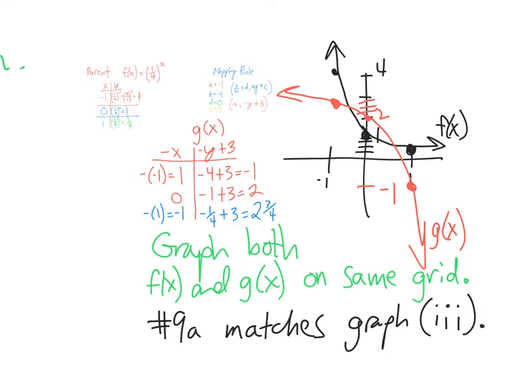We had a horizontal reflection, then a vertical reflection, and then the curve translated up 3 units. So you can see the red curve with the mapping rule, the 3 red points that are plotted. The black points were mapped to the red points, and the new curve is easily drawn.